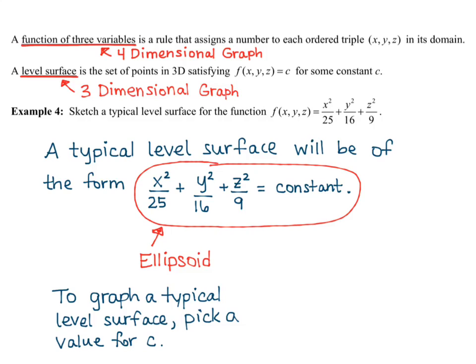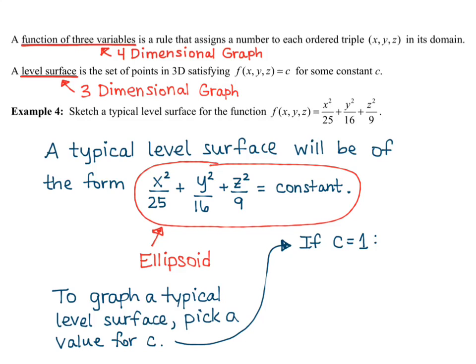Now to graph a typical level surface, what you want to do is just pick a value for c. I'm going to let c equal 1, and the reason is because that way I will be able to use the standard graph of an ellipsoid and know what the intercepts are.